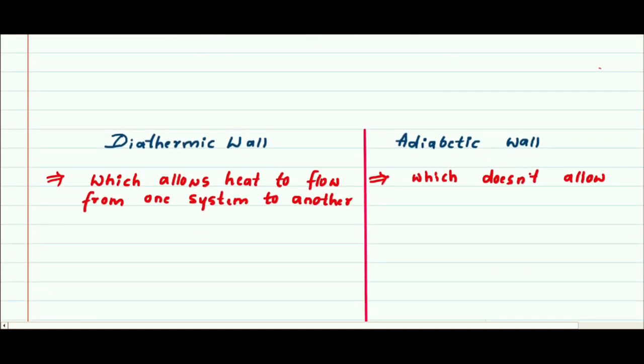Then comes the equation of state. What does equation of state mean? The thermodynamic variables like pressure, volume, and temperature can be connected by using one mathematical relation. That relation or equation is called the equation of state. So what is that equation?